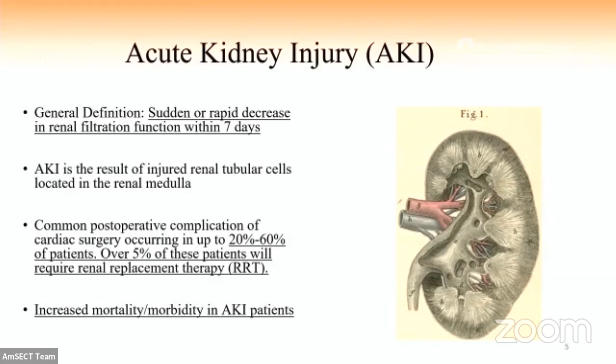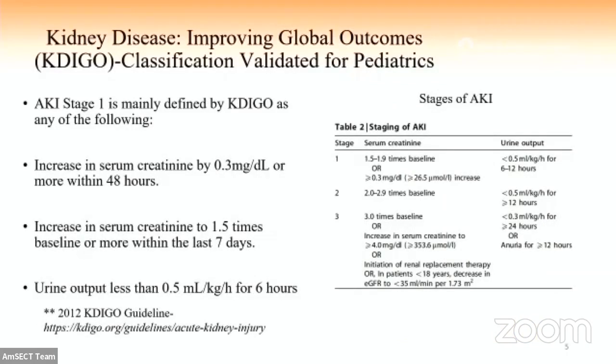So it's substantial. Over 5% of these patients will go on to require renal replacement therapy also. It does increase mortality and morbidity of our patients also. The standard classification for AKI is KDIGO, and I'm not going to go too much into this because we only have 15 minutes for this large subject matter.